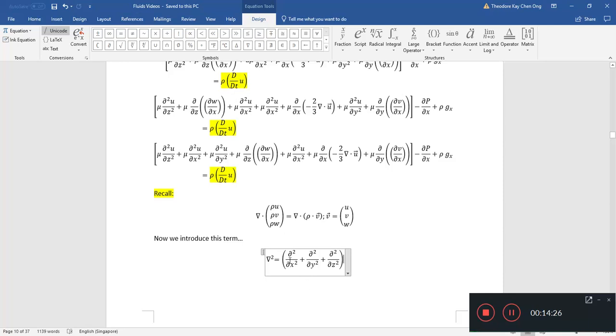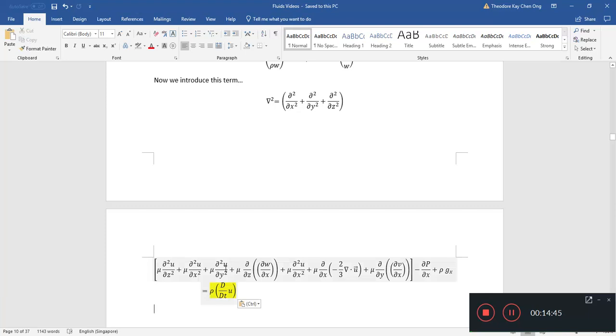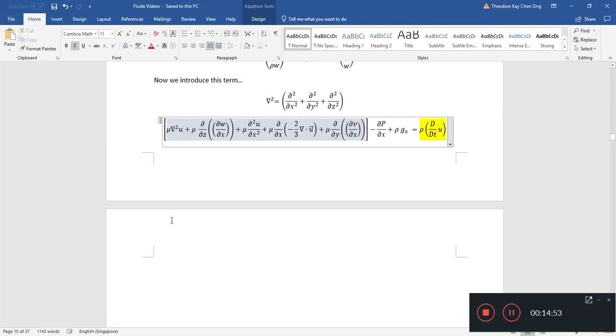That's all that we are doing. This is the operator that we use. So I'm going to use this and simplify this side. Similar to how we are doing all these substantial derivatives and this del operator. If not, our equation is going to be terribly long. So all I'm doing is just to make the equation neater. So mu nabla square u, or del square u. This is all that it's saying.